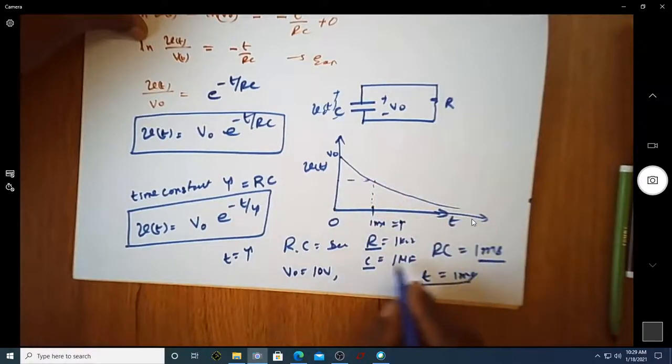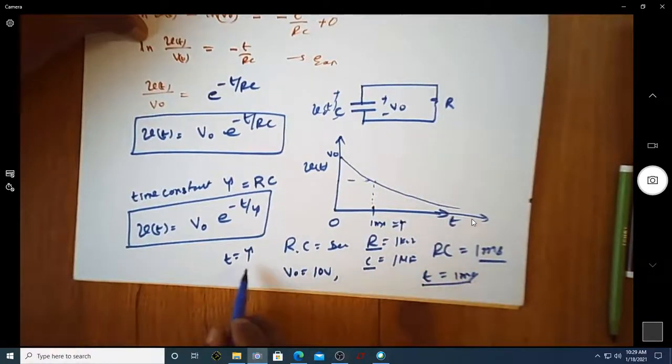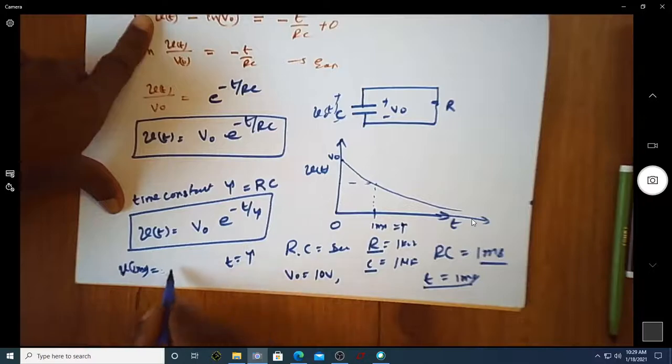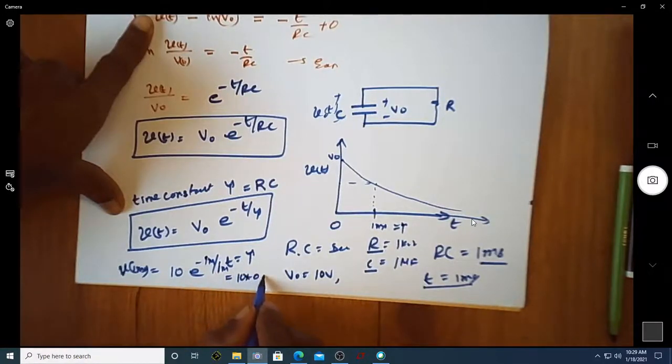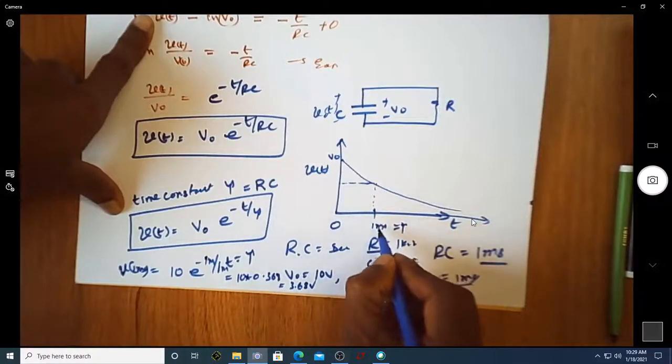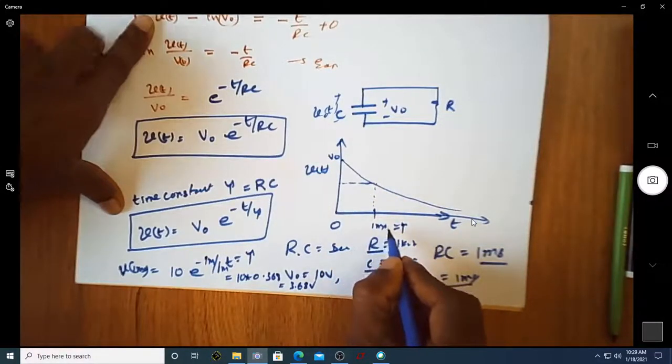the corresponding voltage across the capacitor will be, if I substitute all these values, v at 1 millisecond equal to 10 into e power minus t by tau. Tau is also 1 milli, so this is 1 milli by 1 milli, which is e power minus 1. This is 10 into 0.368, that is 3.68 volt, at time t equal to tau, which is equal to 1 millisecond.